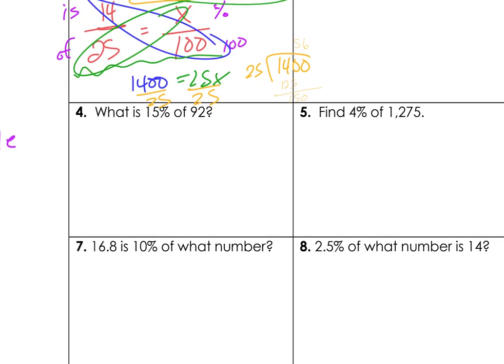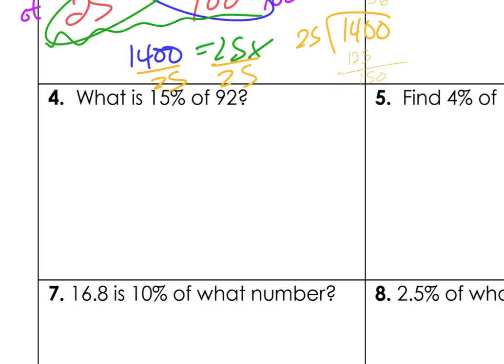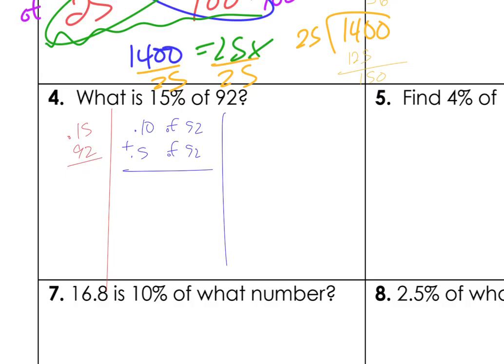Let's see, what is 15% of 92? There's lots of ways you could do this. You could just do 0.15 times 92. That's one way. You could find 10% of 92, and then 5% of 92, and then you could just add them up. You could do is over of: what is 15% of 92?